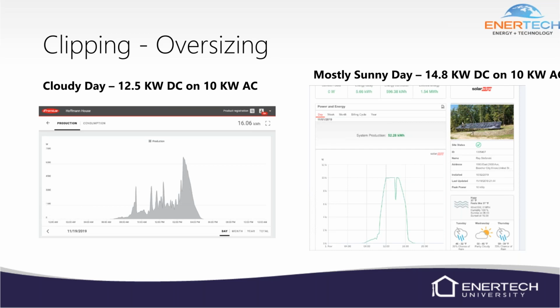Here on a sunny day, you're looking at 14.8 kilowatts DC on a 10 kW AC system. That's when we're producing more than what the inverter can handle. On a cloudy day, obviously we're going to be producing a little bit less, so you can see the peaks and valleys of the clipping situations.